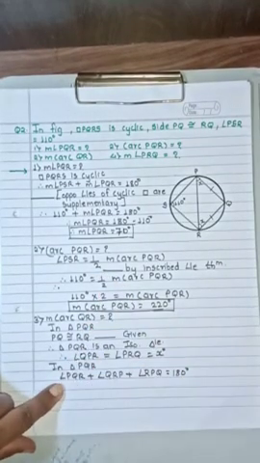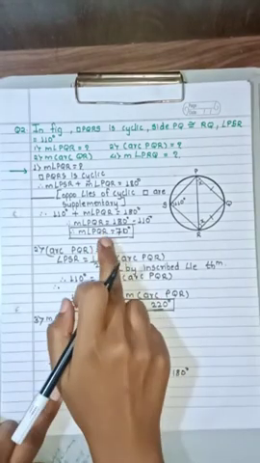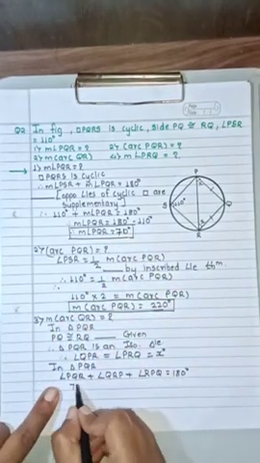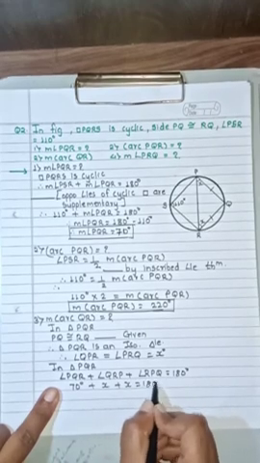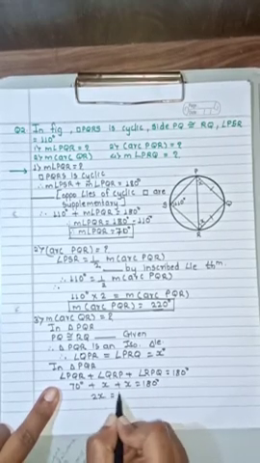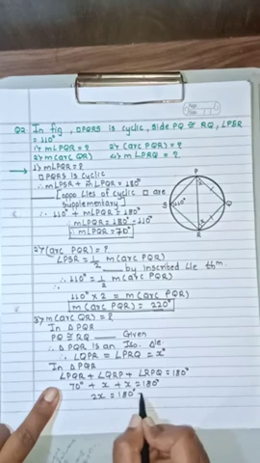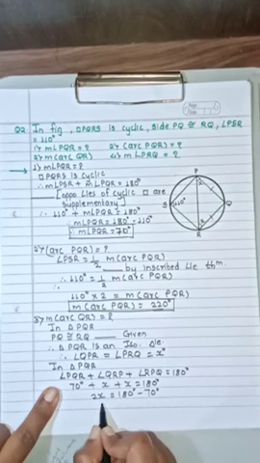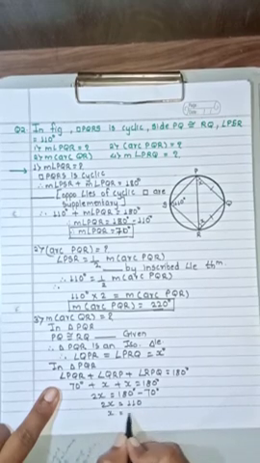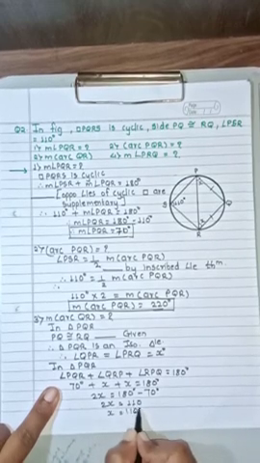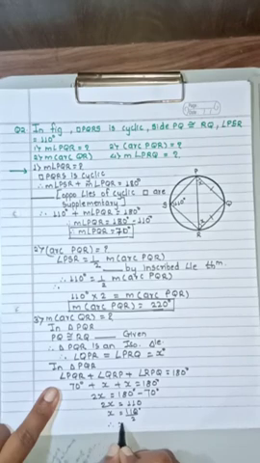Angle PQR, angle not arc, angle PQR is 70 degrees, plus 2X is equal to 180 degrees. 2X is equal to 180 degrees minus 70 degrees. Therefore 2X is equal to 110. Therefore X is equal to 110 degrees upon 2. Therefore X is equal to 55 degrees.